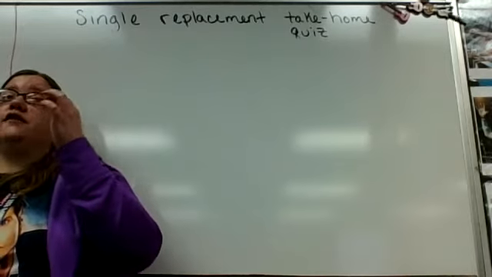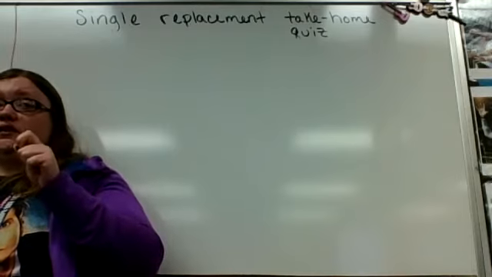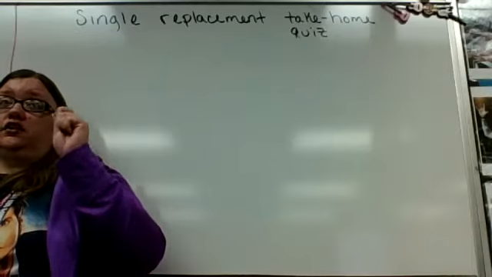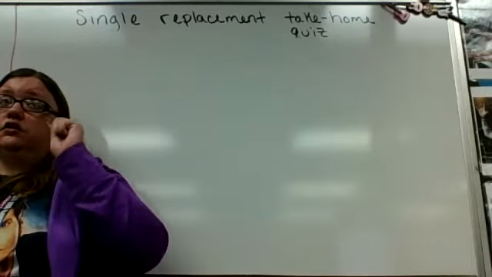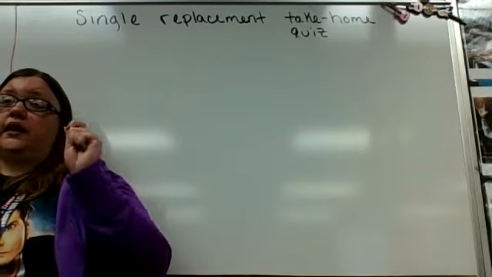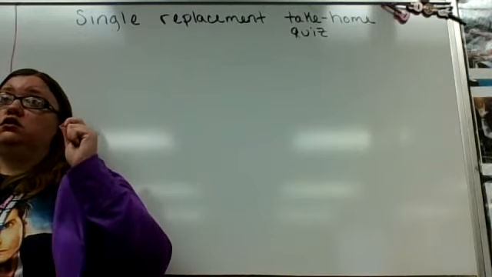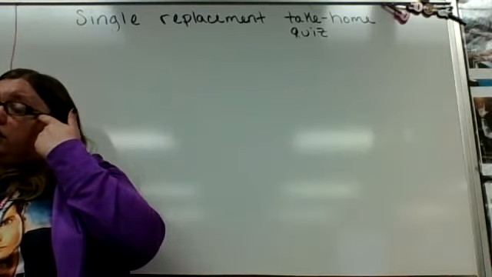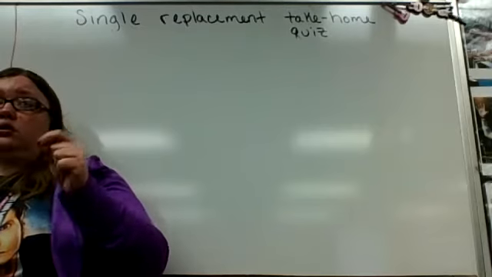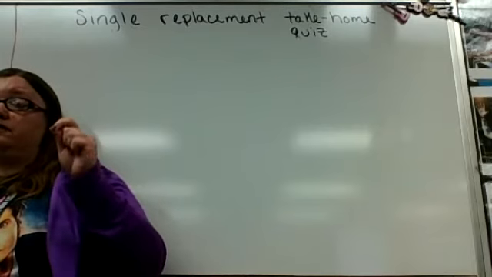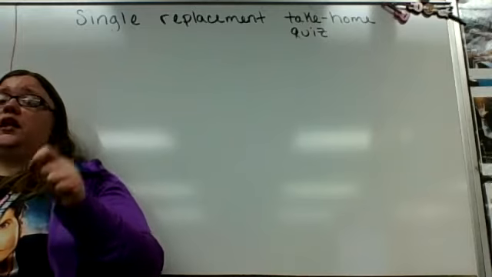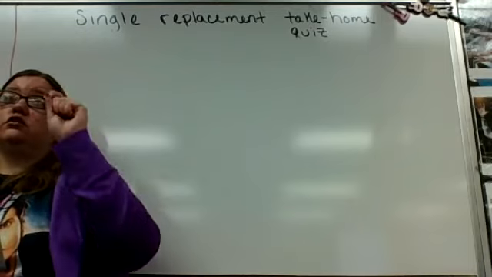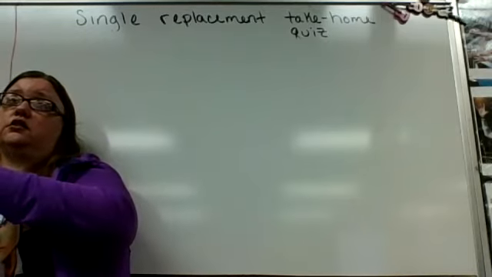Now, if you have a metal replacement, you have to make each side of the arrow neutral. You're looking at total charge, not just the charge of the ion. You take the coefficient and multiply by the charge to get your total charge, and that's how many electrons you need.